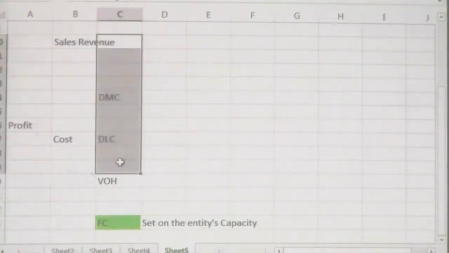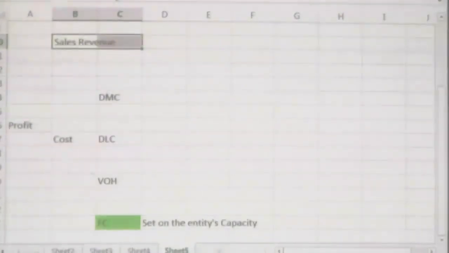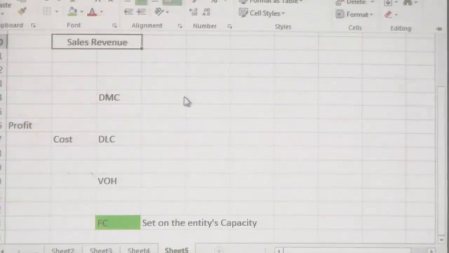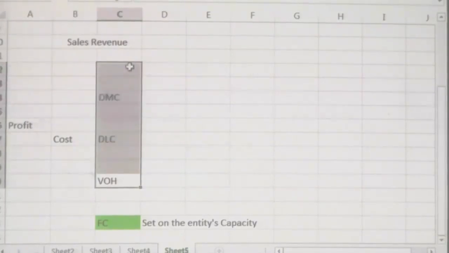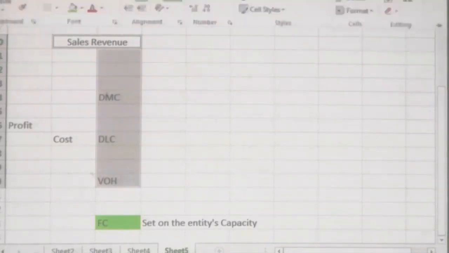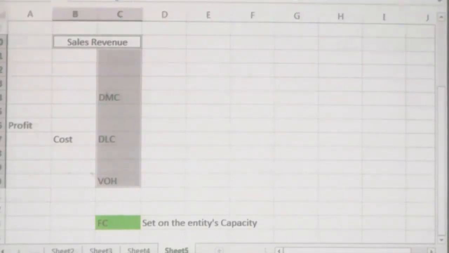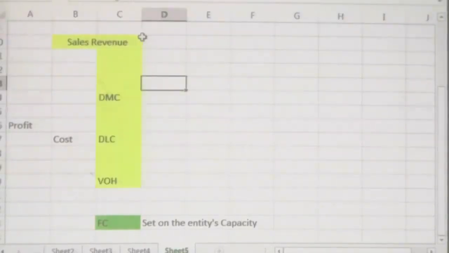However, these four variances, that is sales variance and these three, can be calculated easily using a special technique, that is quantity and value. Quantity and value. I will color this in yellow because all these four variances are calculated using quantity and value.